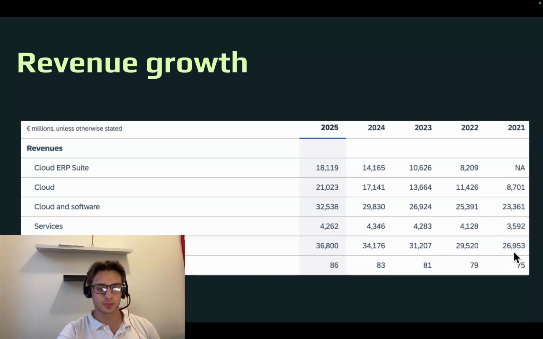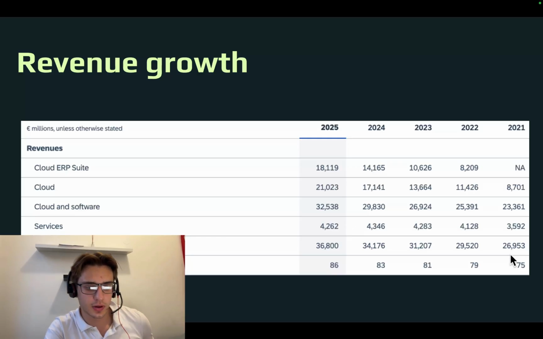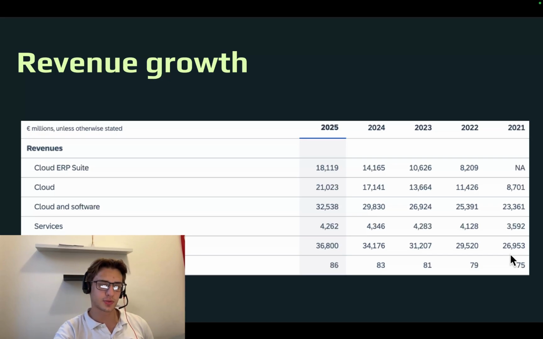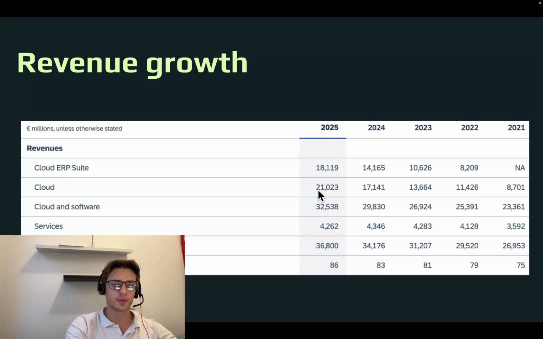From 2021, it's 26 billions, or you can count it in millions, so it's 26,953 millions. So it's 26 billions, and then in 5 years, it grew by 10 billions. It's nearly perfect revenue growth every year, like from a textbook.